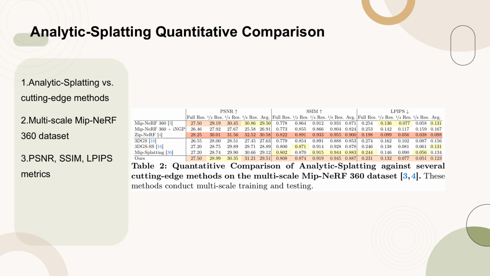These metrics provide insights into the effectiveness of analytic-splatting in preserving image quality and detail across different scales. The results indicate that analytic-splatting performs competitively or better than the other methods in various resolution settings, demonstrating its robustness and efficiency in handling multi-scale data.